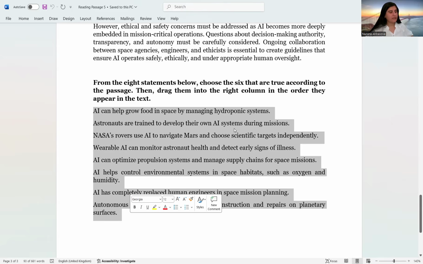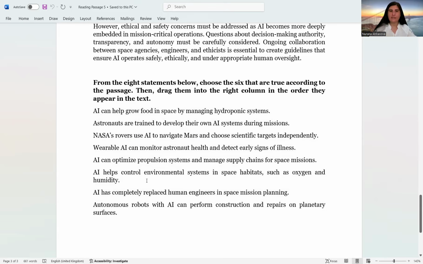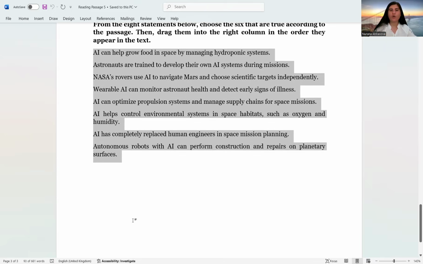But in IELTS, it is better to use this strategy because we generally deal with 2 or 3 sets of questions at the same time. What do I mean? We're not doing only this question. We are doing, let's say, this question, matching information, also gap fill or multiple choice questions, all 3 sets at the same time.